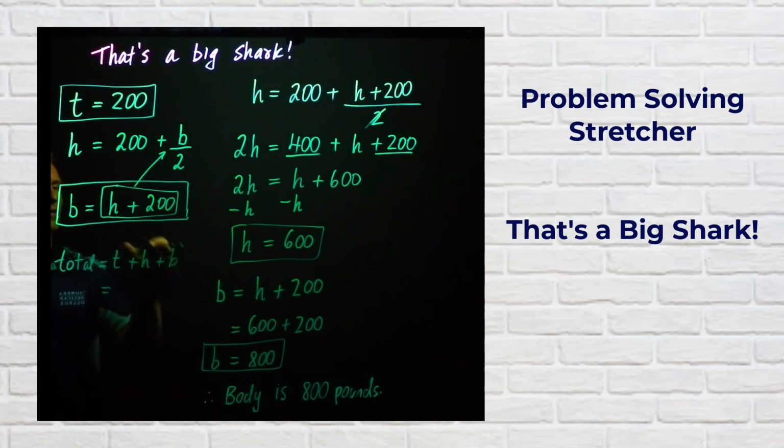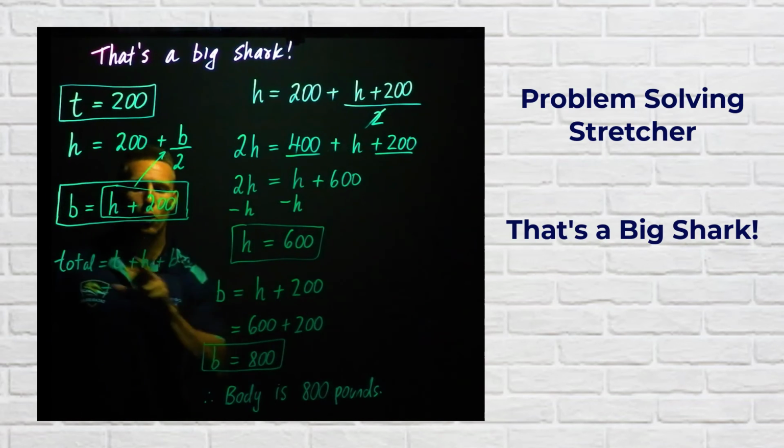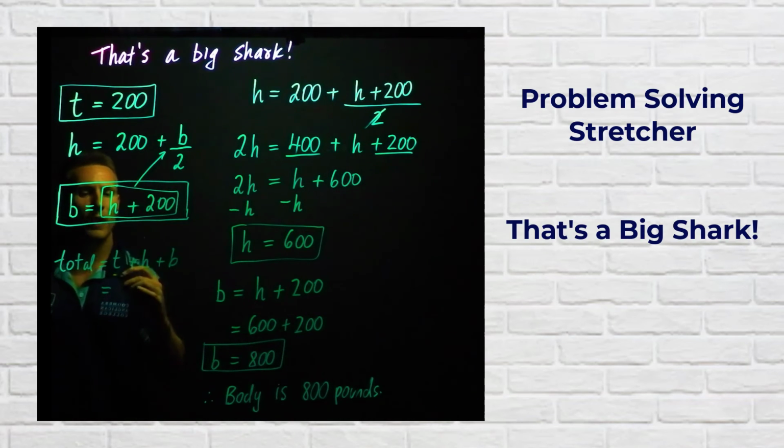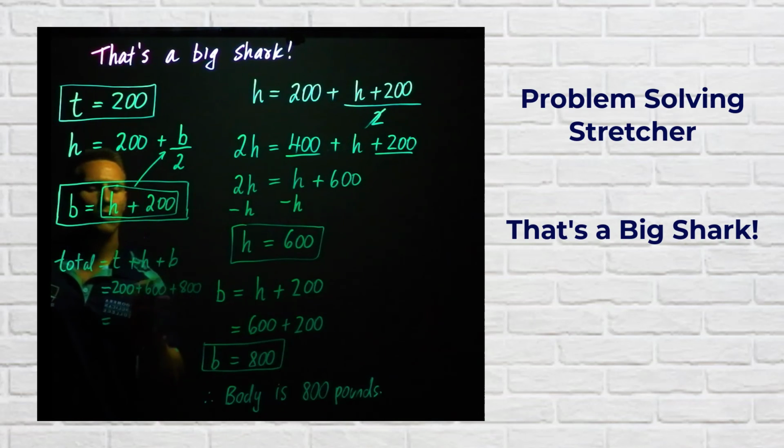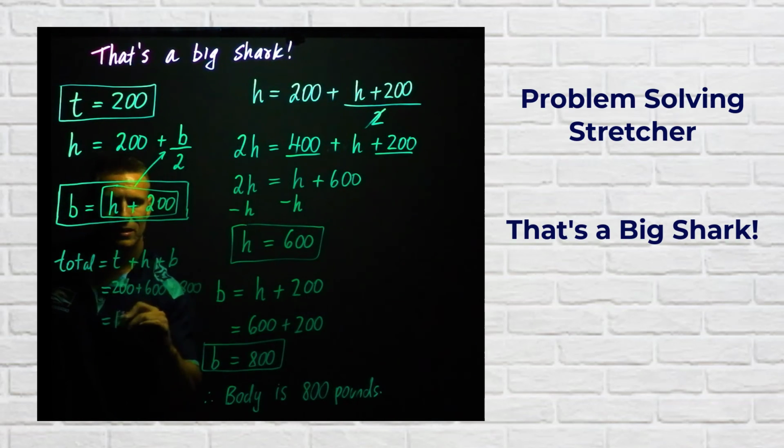Now we're going to substitute in the values that we know for these three variables. So we know the tail is 200, we know the head is 600, and we know the body is 800. Now if we add all of those together, we get 1600 pounds.